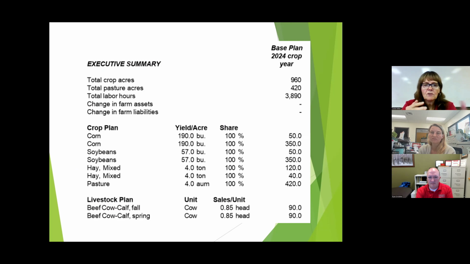My tendency with FinPac is to separate owned acres from rented acres. So this example operation, they rented 700 acres, half corn, half soybeans. So that's where the 350 is on this chart. And then they had 50 acres of corn ground, 50 acres of soybean ground, and 120 acres of hay ground on the farm that they owned.